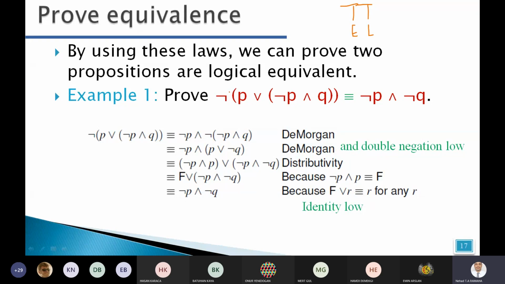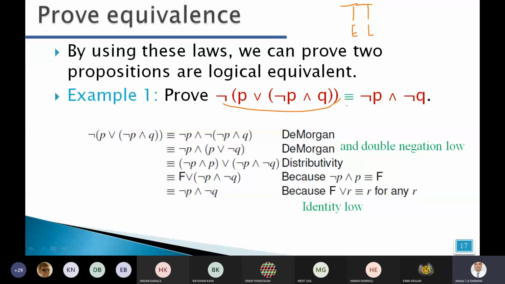Now we will use the logical equivalence laws to prove this logical equivalent compound proposition.